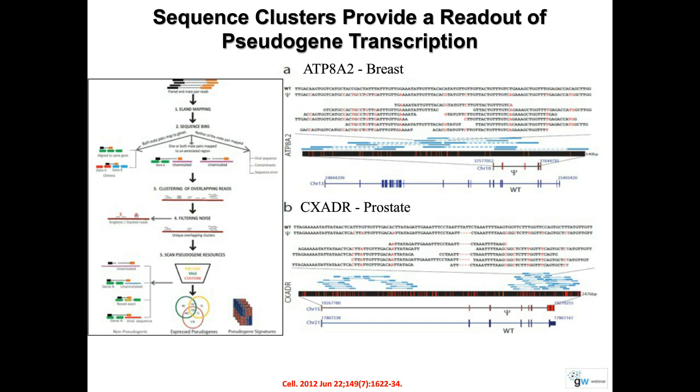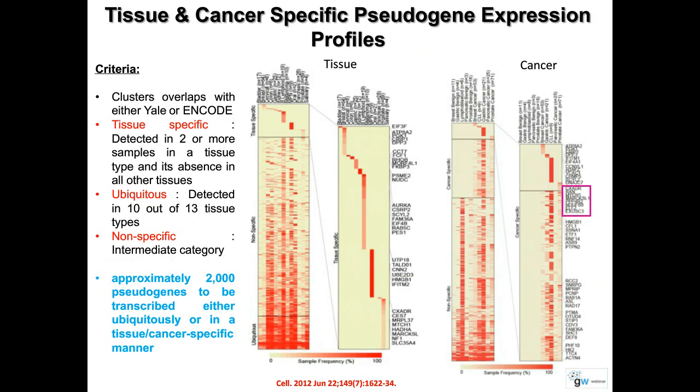From the analysis of these 13 different solid cancers, we were able to identify about 2,000 pseudogenes transcribed either ubiquitously or in a tissue- or cancer-specific manner. We were able to filter and cluster based on manual curation and in-depth analysis. We were able to identify pseudogenes expressed only in a particular tissue, or only in benign or in cancer.